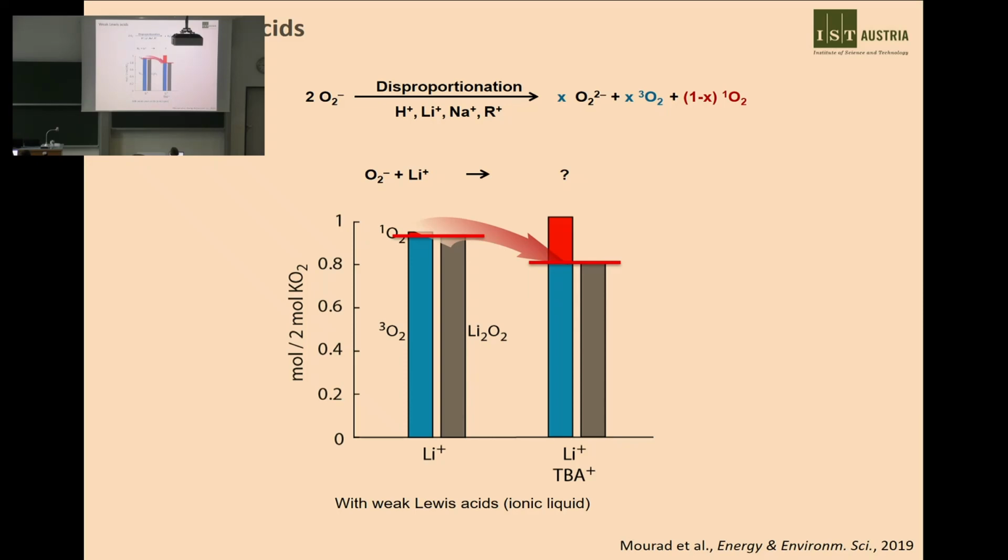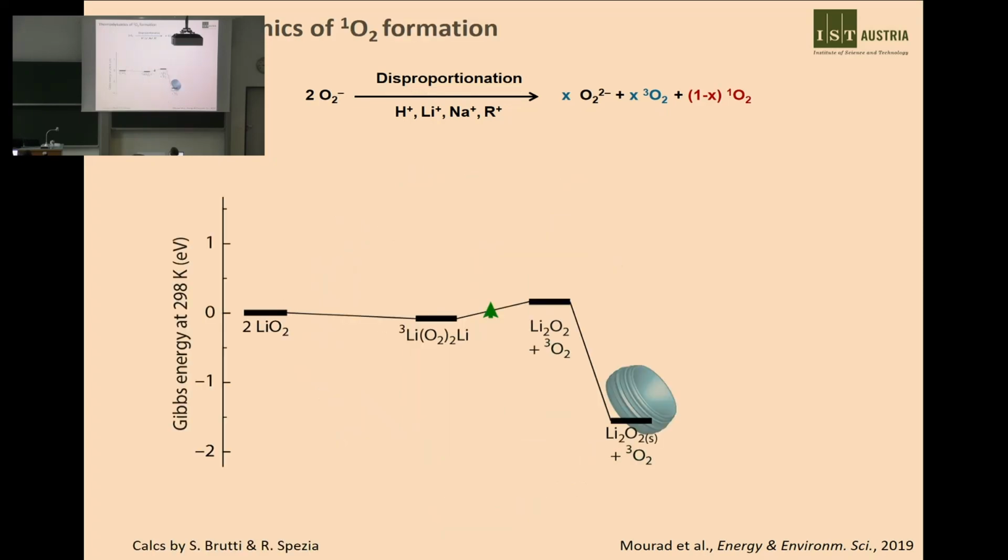I think we need to approach this by theoretical means, and why we lose triplet to singlet oxygen, we looked at theoretically. This was made by some colleagues from Rome and Sorbonne in Paris.